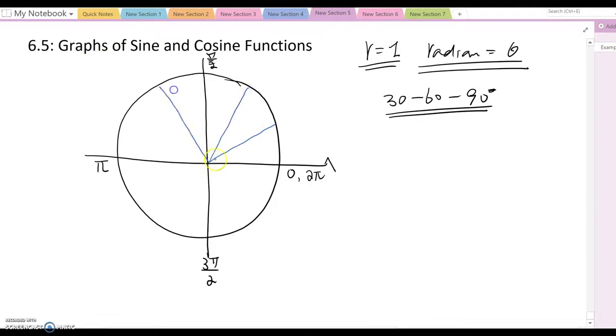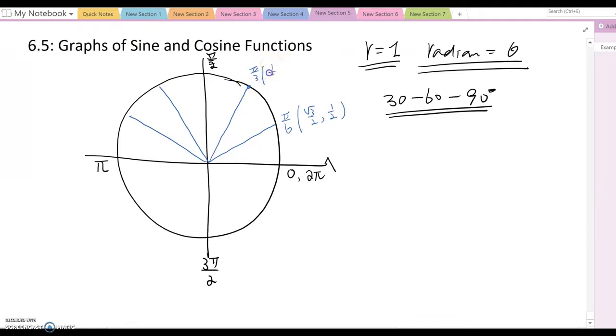If you don't understand all the values of those 30, 60, 90 triangles, please go back to the unit circle video and watch that. So this is pi over 6. In this case, the coordinate becomes root 3 over 2 comma 1 over 2, and this is pi over 3.